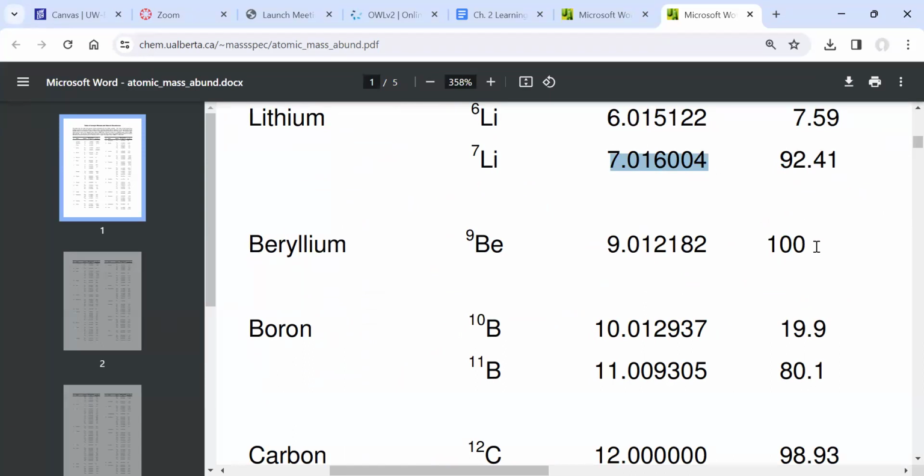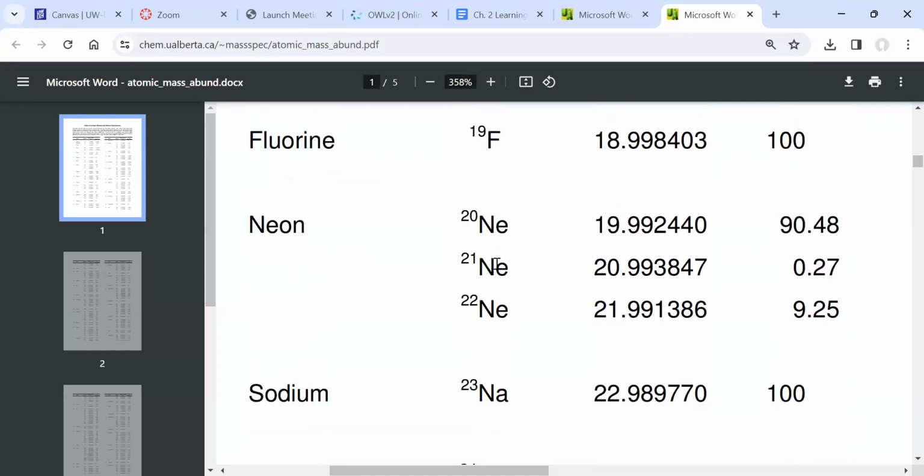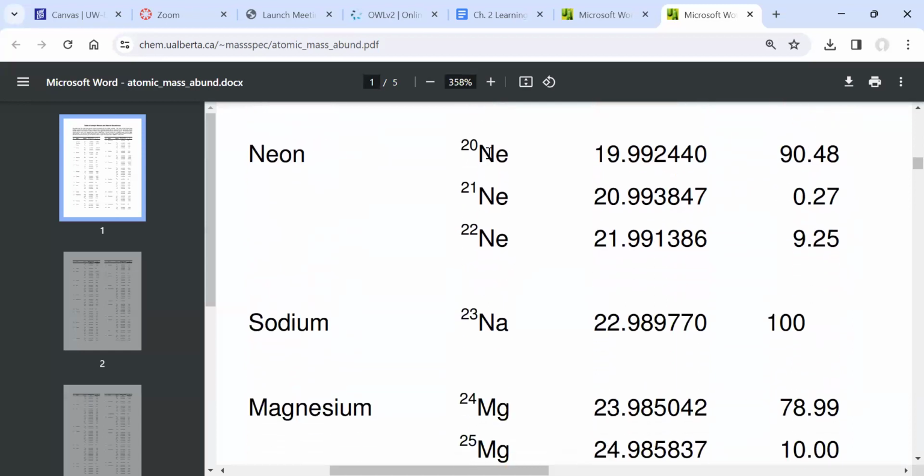Now, some elements, they don't have any naturally occurring isotopes other than one. Beryllium, 100% of the beryllium found in nature is beryllium-9. Boron here, 2 isotopes, nitrogen, oxygen, and so on. 100% of the fluorine found in nature, fluorine-19. Neon has 3 isotopes. Sodium, 100% of the sodium is sodium-23.